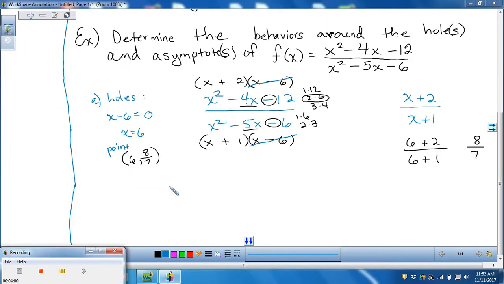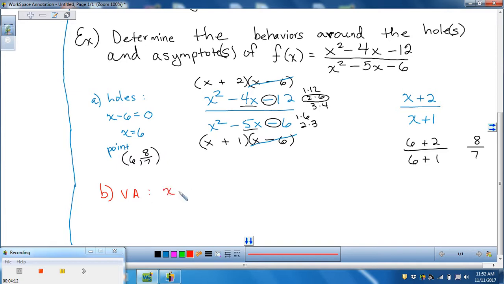Okay, so we have determined the hole of our rational function. Now we're going to determine our vertical asymptote. Remember, the vertical asymptote is whatever factor we have left over in the denominator set equal to 0.